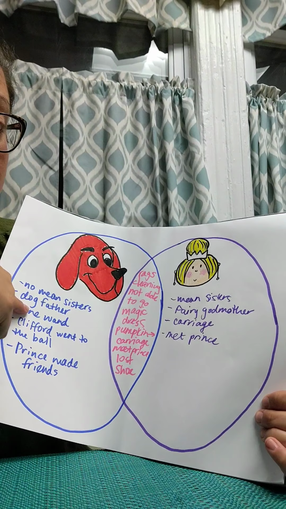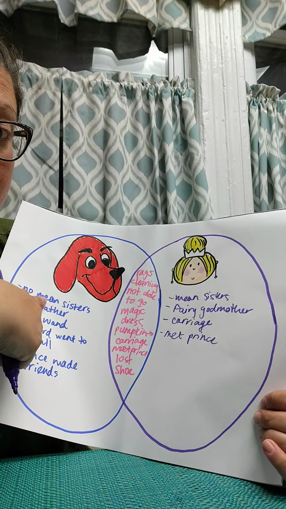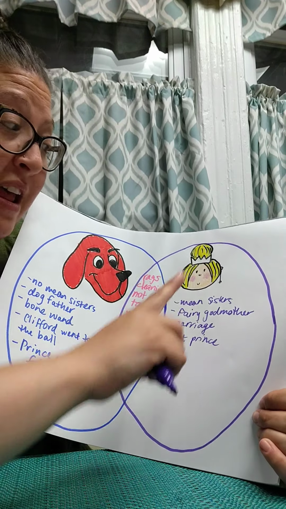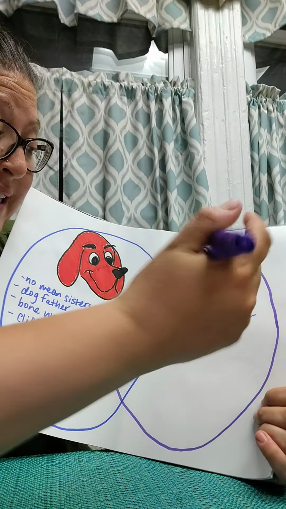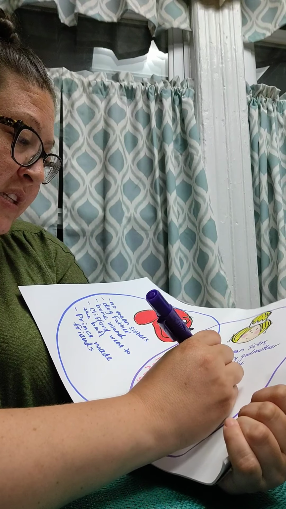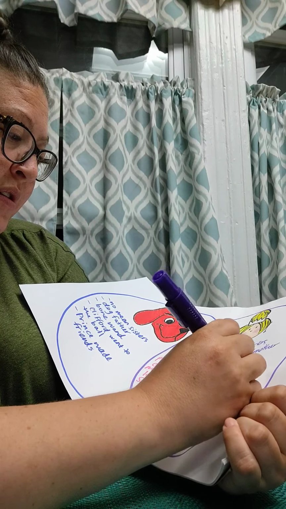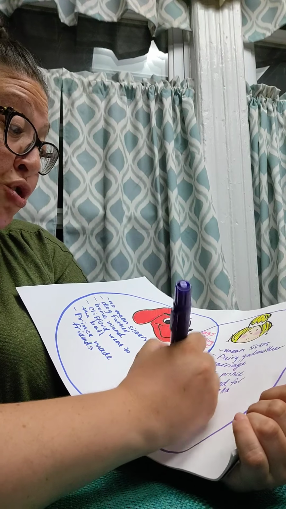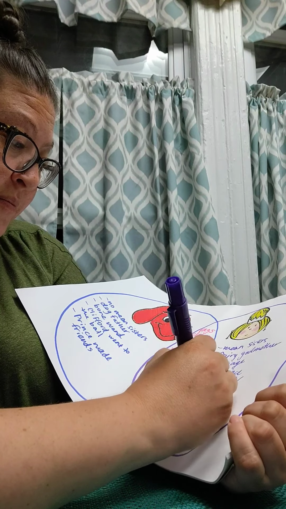But in this one, Clifford brought the prince back to Cinderella. In this one, the prince had to search for Cinderella. He searched for Cinderella, right? And she had to try on the shoe.